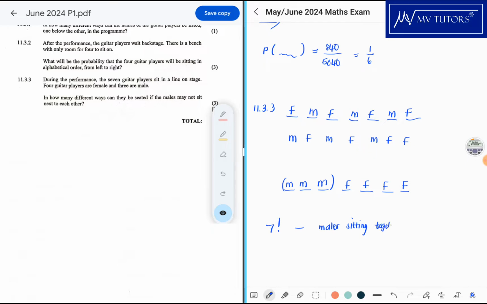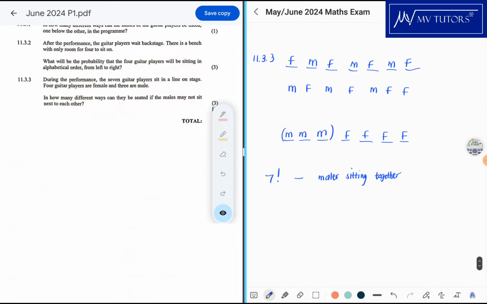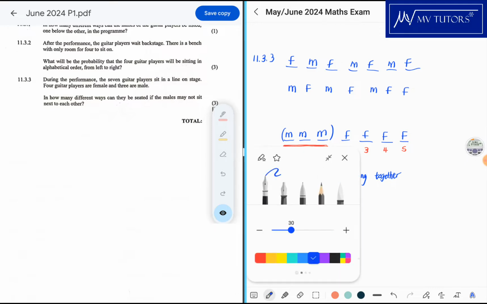Okay, males sitting together. So I need to work out the possibilities of the males sitting next to each other. In this scenario, I have all these males sitting next to each other, so I take that as 1. Okay, and then I have 2, 3, 4, 5. So then I have 5 factorial.